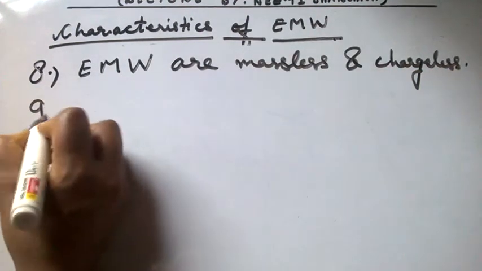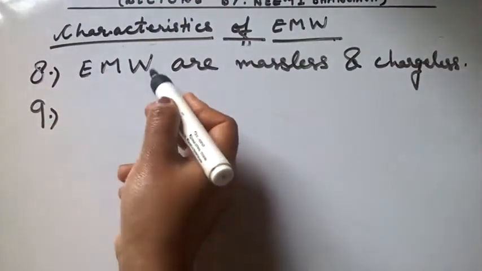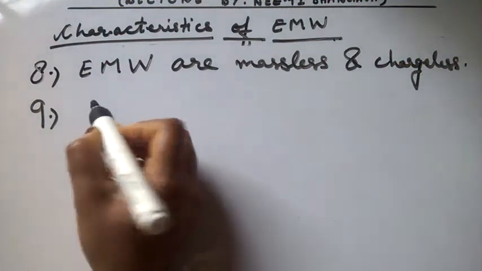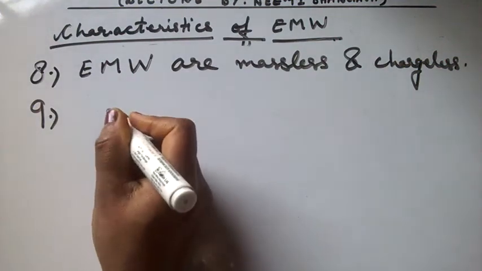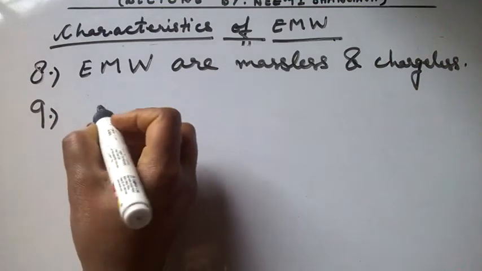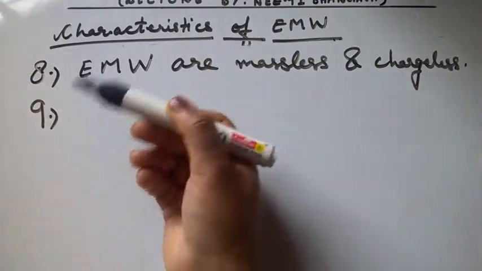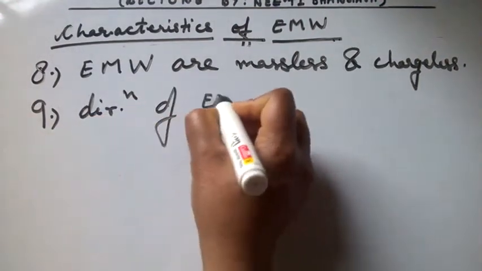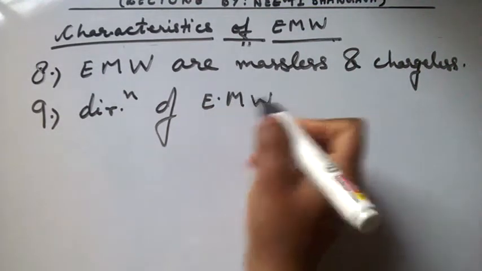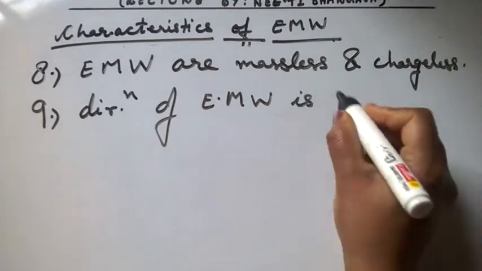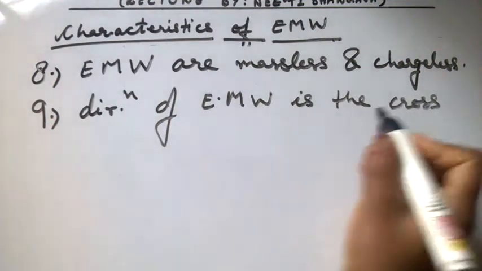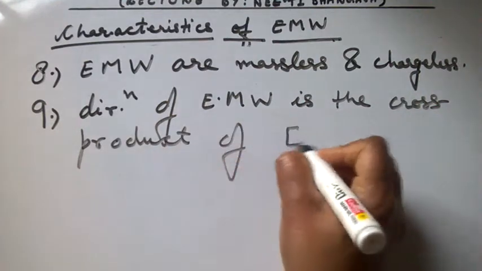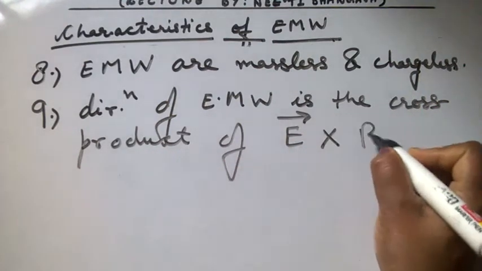Also we can write the direction of an electromagnetic wave in terms of the direction of the electric field and magnetic field. As both the electric field and magnetic field are perpendicular to each other, we can take their cross product, and the cross product gives the direction of the electromagnetic wave, that is, the direction of propagation of the wave is the cross product of the electric field vector cross the magnetic field vector.